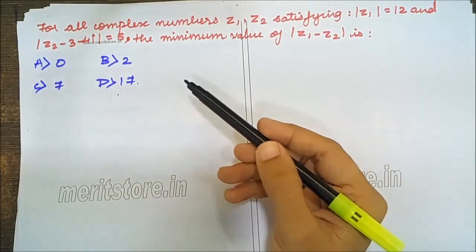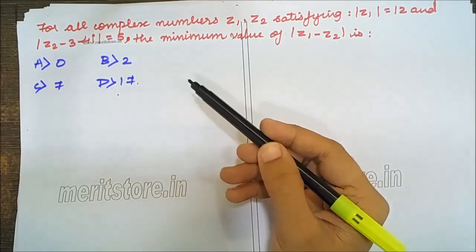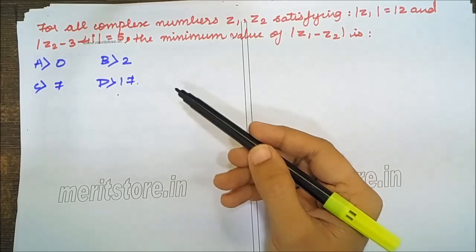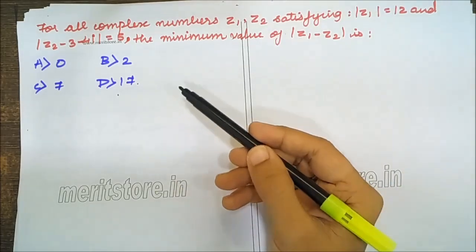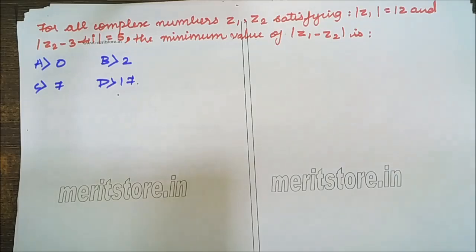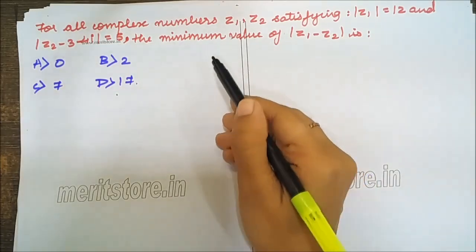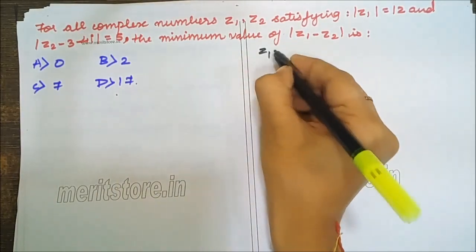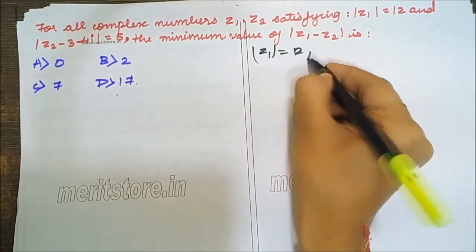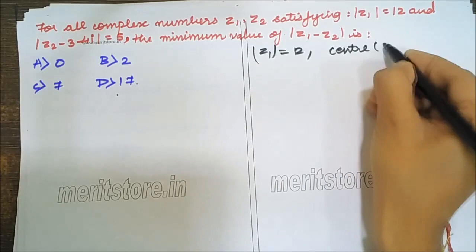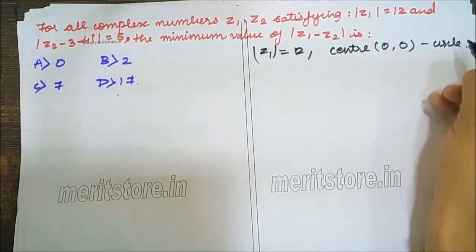So first of all we need to find z1 minus z2. z1 is a circle where modulus of z1 is equal to 12, and your center for the circle is 0, 0, right?